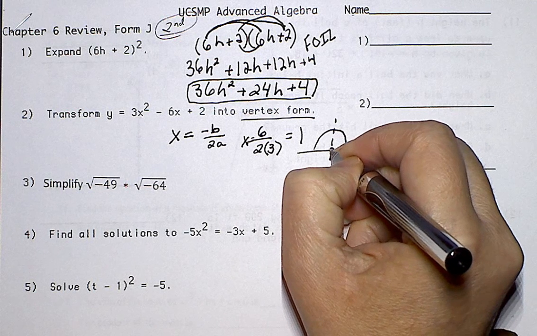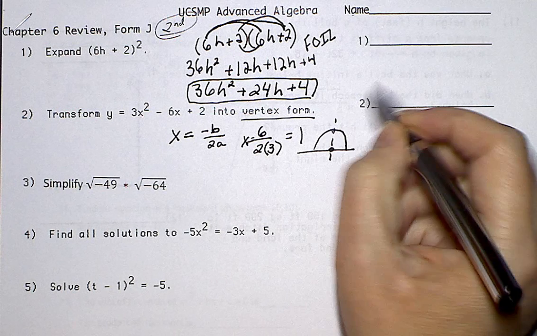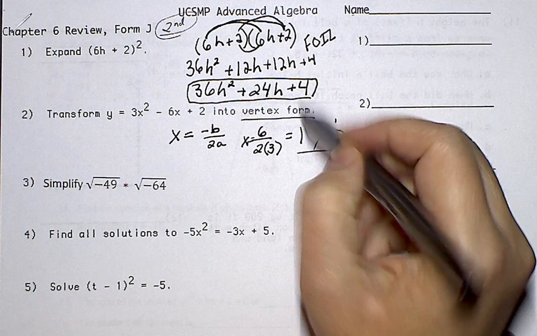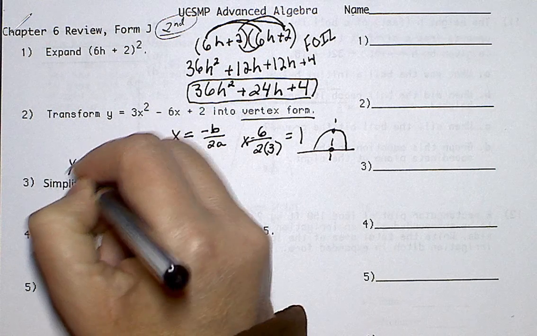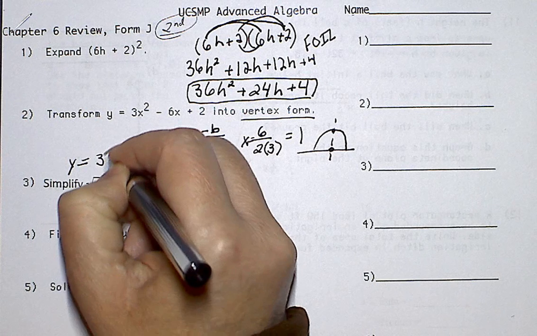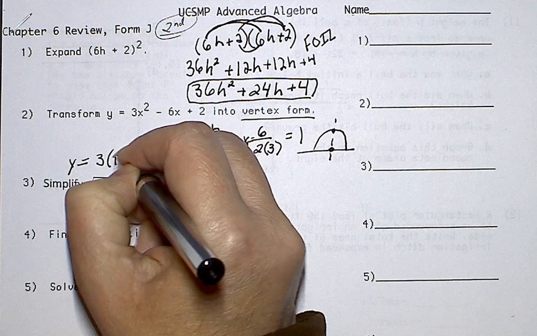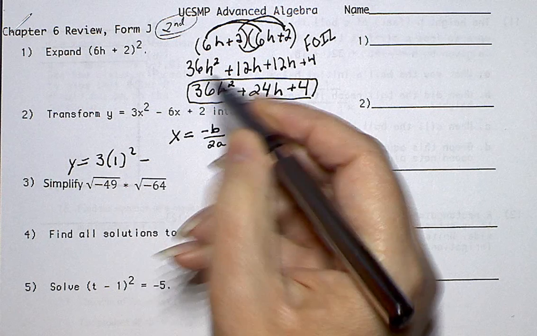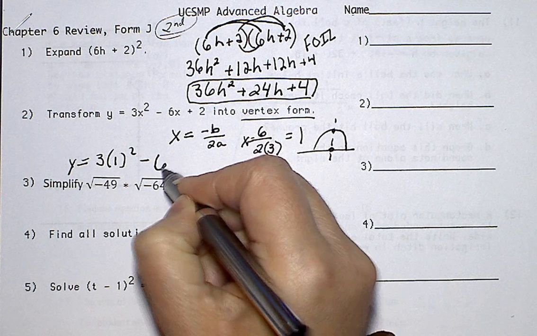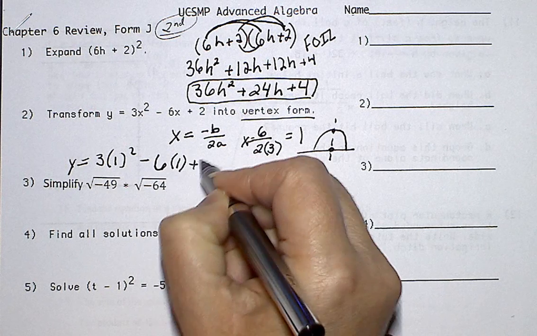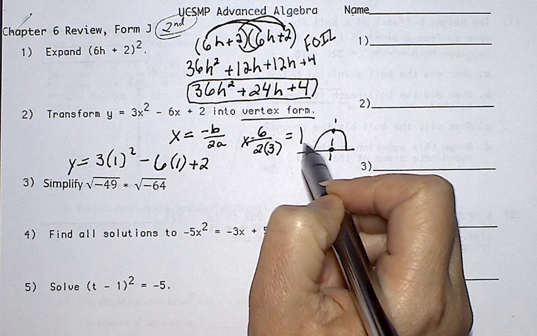So that means now we have to find out what the y value is. So for y, we're going to plug it in. So y equals 3 times 1 squared minus 6 times 1 plus 2, plugging in that 1 for my x's.